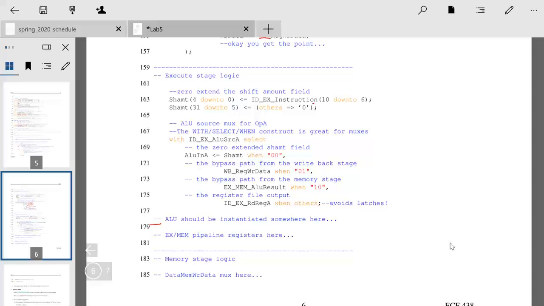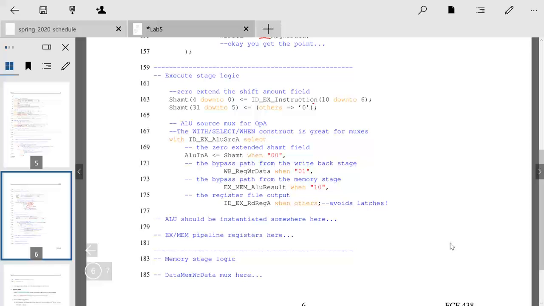And then it looks like I wrote the entire ALU source A mux for you. Well, that was really nice of me. So let's look at it. If we look at the diagram, the very first input is SHAMT.